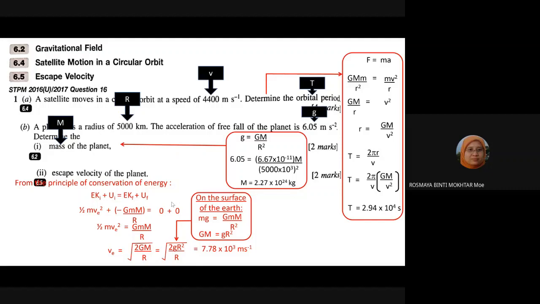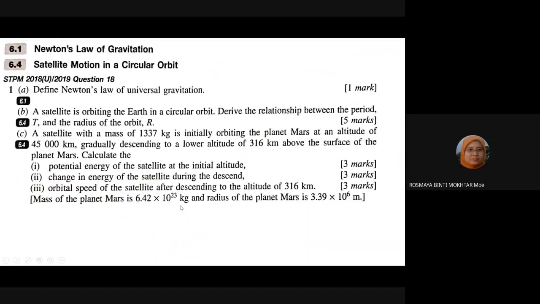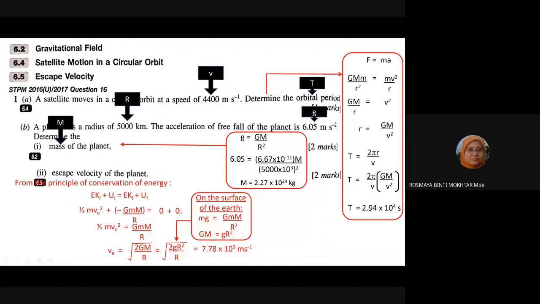At infinity, or at least at the point where it is free from the gravitational pull of the Earth or the planet, the gravitational potential energy is zero. Is that what you mean? Yes, because it will always have a value, but the value gets smaller and smaller. It will only be zero at infinity. So we are assuming the escape velocity will bring it to infinity? Yes. When you bring it to infinity, the gravitational potential energy is considered zero. Once it is free from the gravitational pull of the Earth, it is considered zero already.